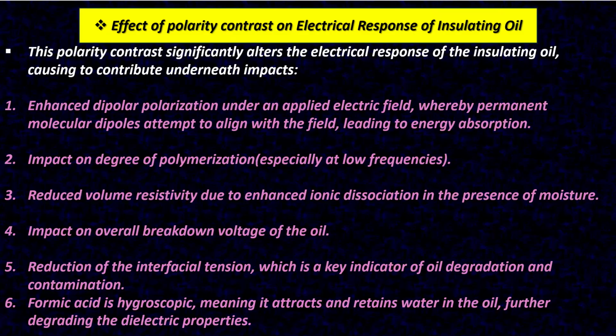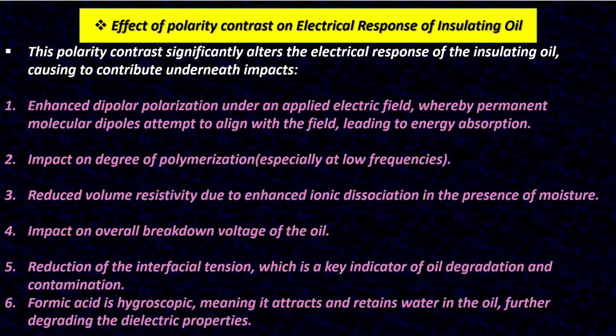Number 2, impact on degree of polymerization, especially at low frequencies. Number 3, reduced volume resistivity due to enhanced ionic dissociation in the presence of moisture. Number 4, impact on overall breakdown voltage of the oil.